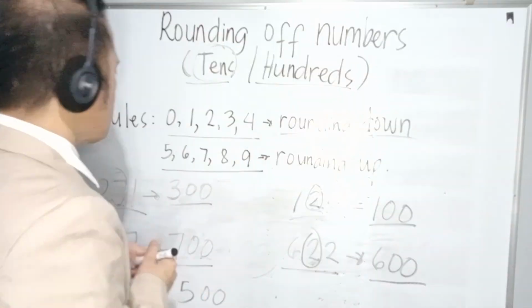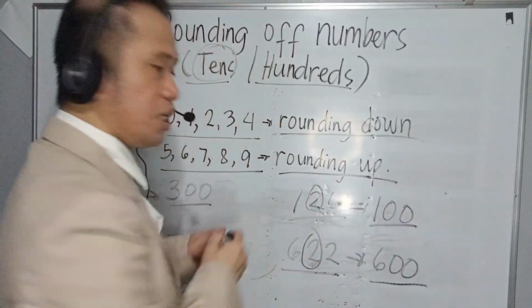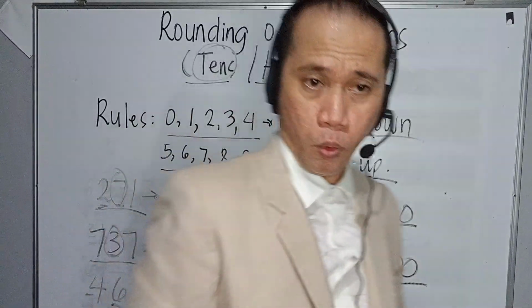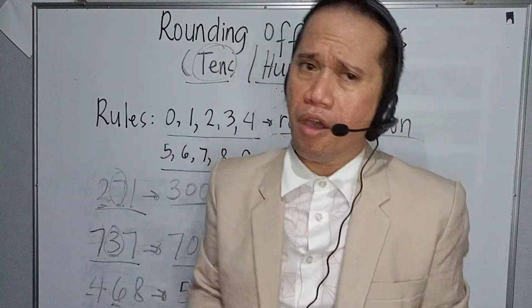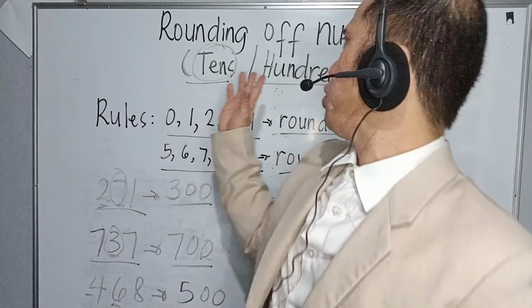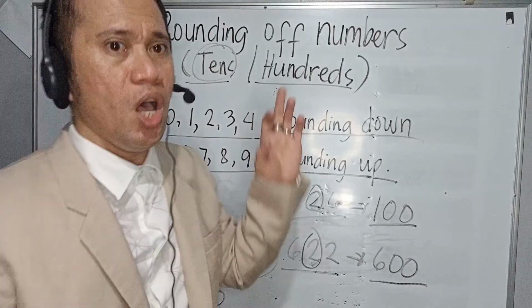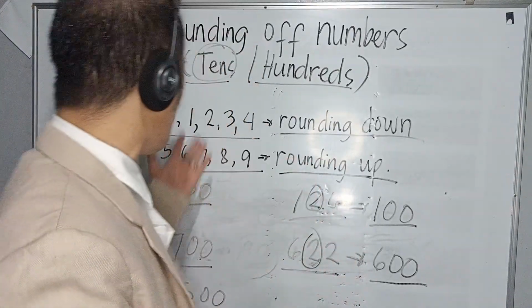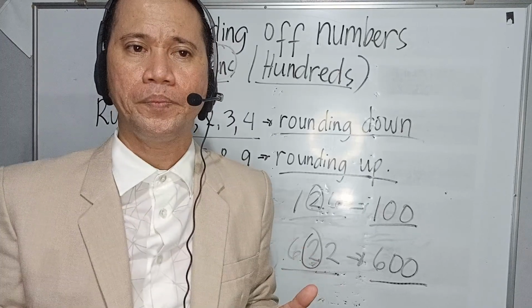But if the numbers end with 5, 6, 7, 8, 9, rounding up. Even though your teachers will give you different activity worksheets on this topic, rounding of numbers to the nearest tens or hundreds, all you need to do is follow our instructions and directions so that you can answer well.